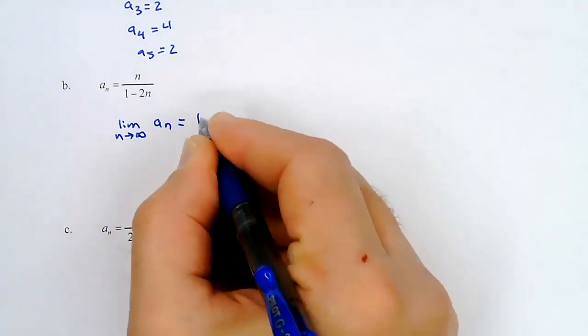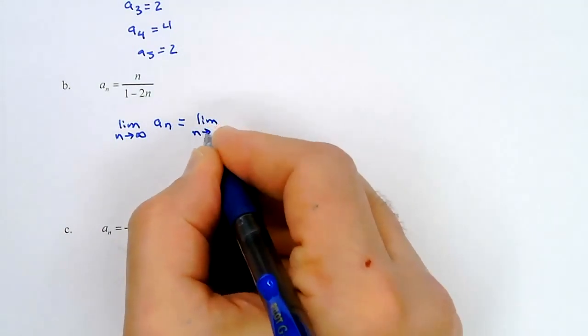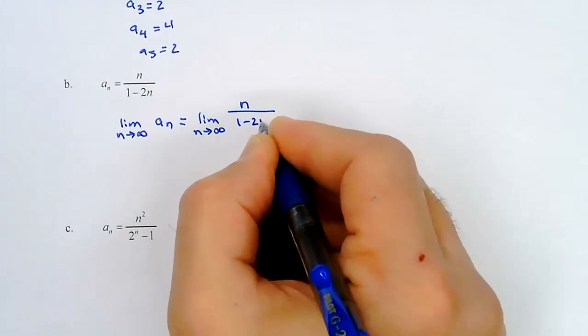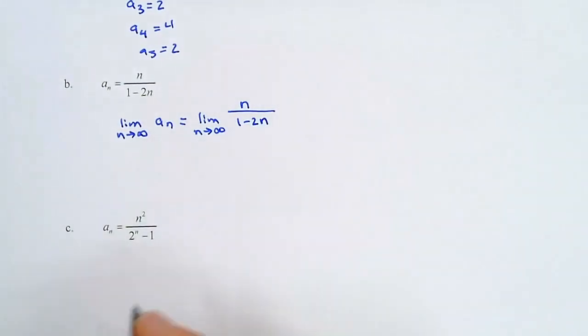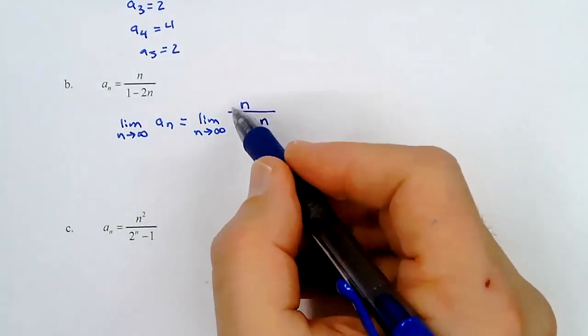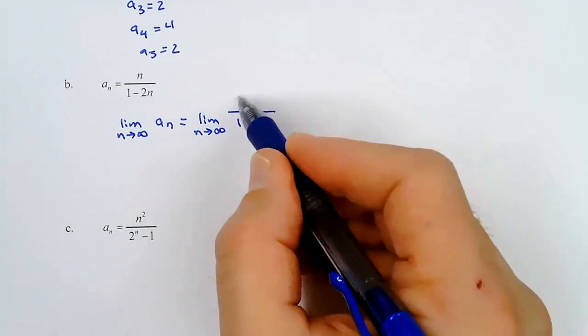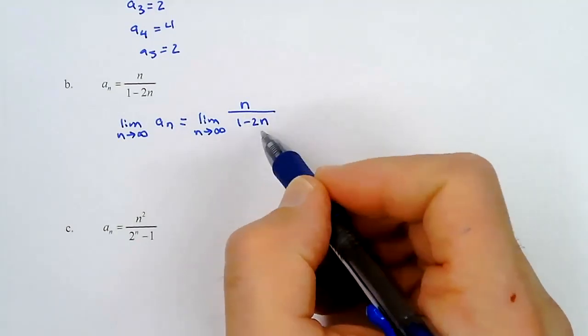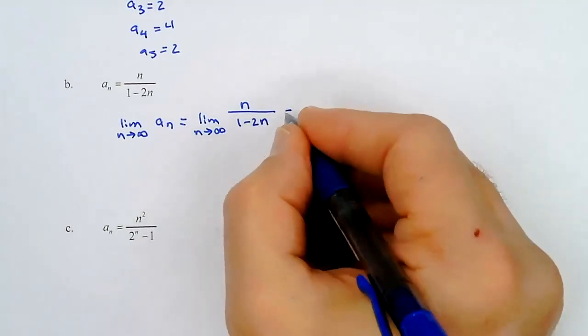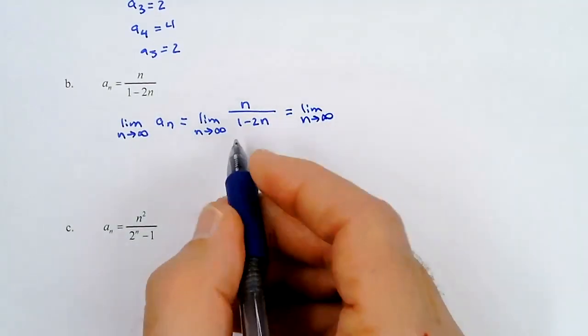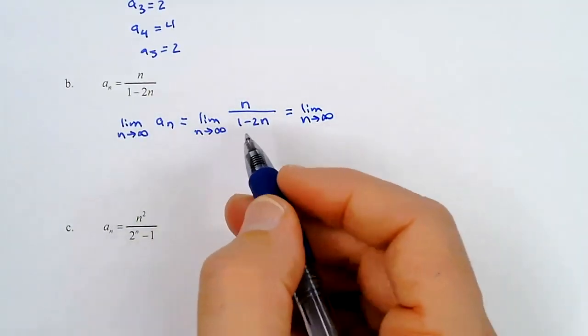That's equivalent to the limit as n approaches infinity of n over 1 minus 2n. Because we're going to infinity, we can look at the growth factor here, like n and negative 2n. So we can compare those two, and really the 1 is insignificant when n's going to infinity.